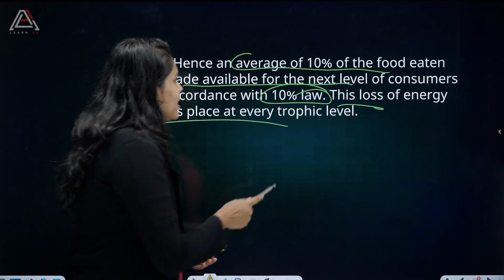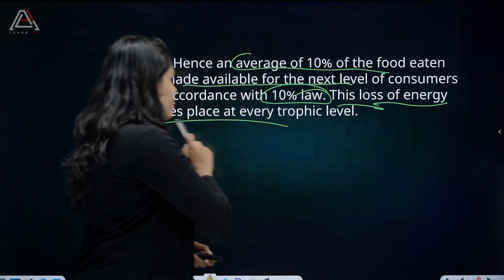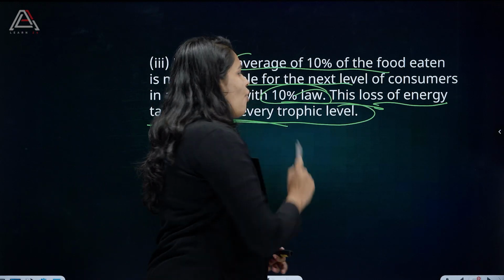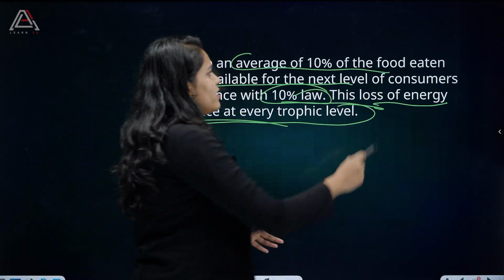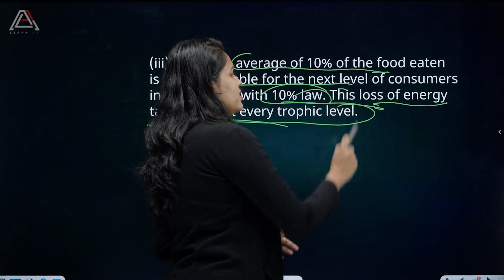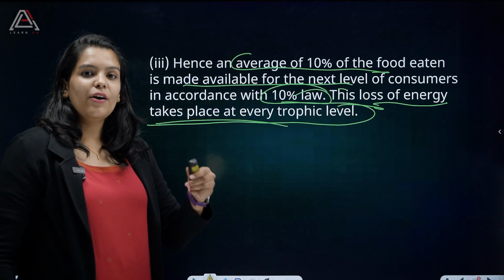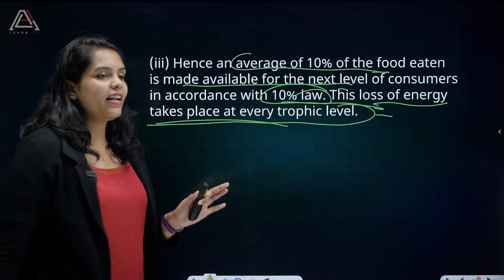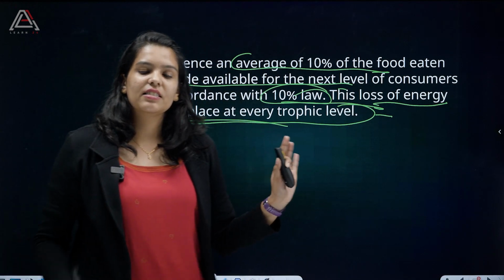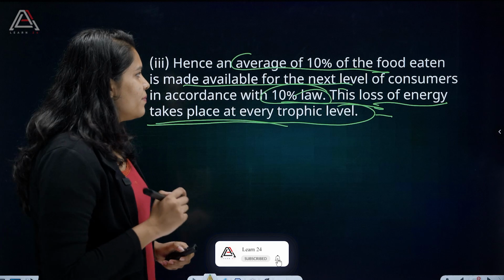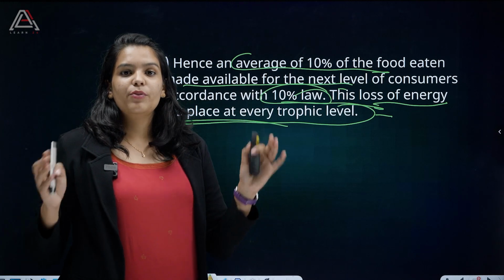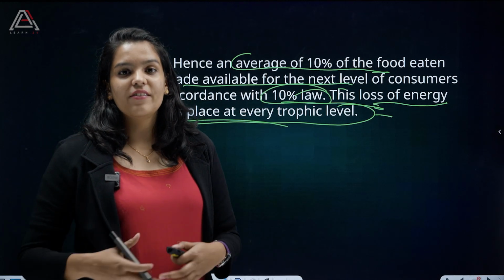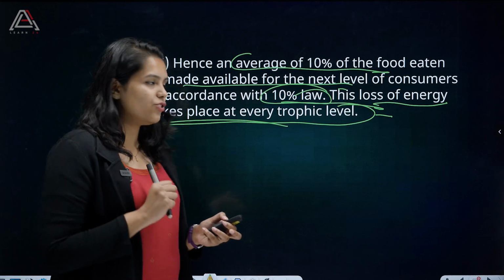So what is happening here? Only 10% of the food is eaten here. So what happens in the next level of consumers? Only 10% is getting here. So the energy loss expected at every trophic level is just 10%. Because of that, only the producer, that is the plant, has the highest amount of energy.